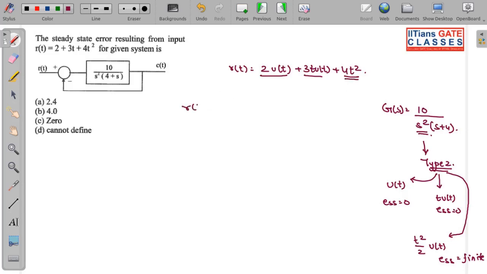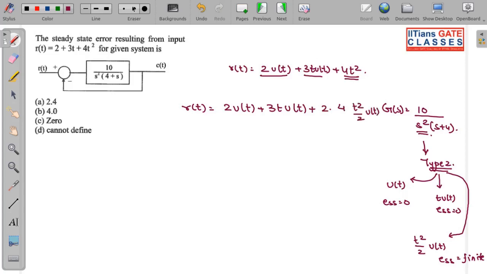So here r(t) is equal to 2u(t) plus 3t u(t) plus 2 into 4 t square by 2 u(t).